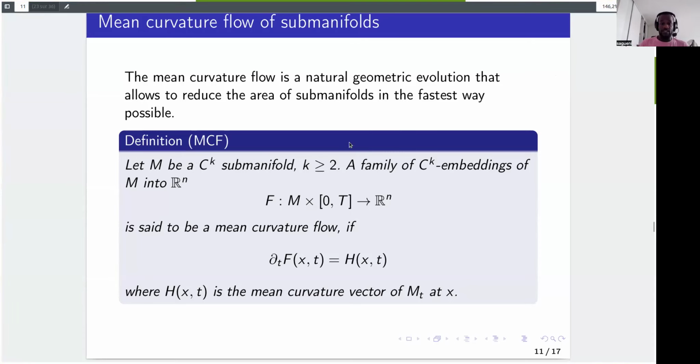We take a family of C^k embeddings of this manifold into Rn. We say that this is a mean curvature flow if the derivative at any time and at any point is equal to the mean curvature. It's basically the same definition as for curves, but for a higher dimensional structure.